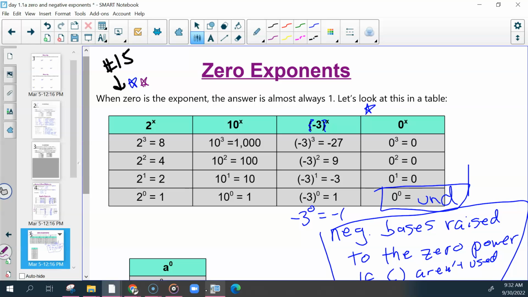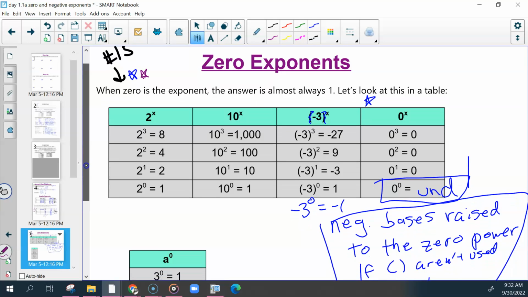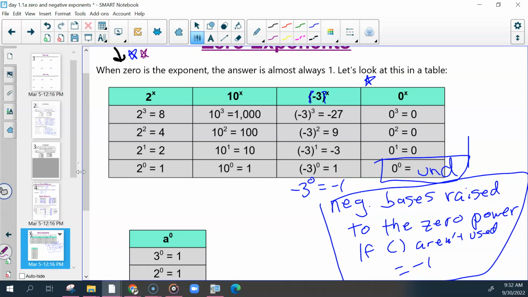So this is to see what happens, or would the same thing happen for 0, what happens with our 0. So if I had 2 to some exponent, I have 2 to the 3rd is 8, 2 squared is 4, like we know these numbers. Each time, I'm really dividing by 2.